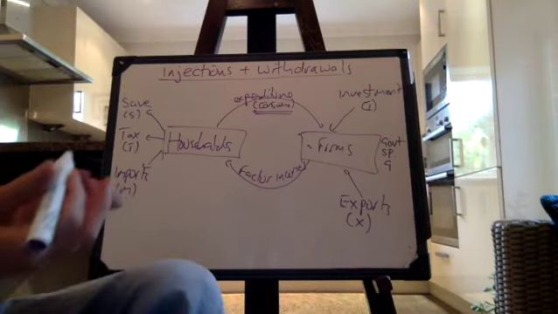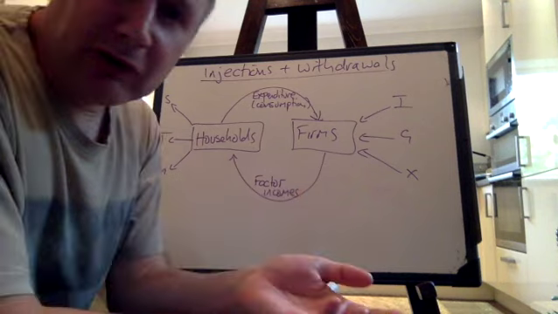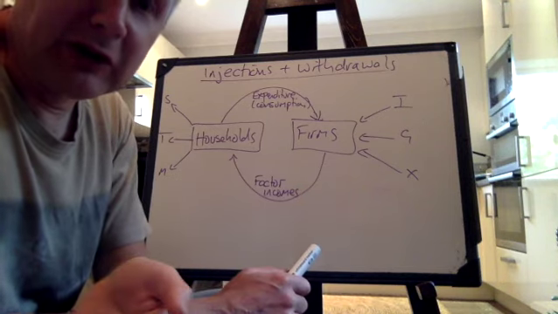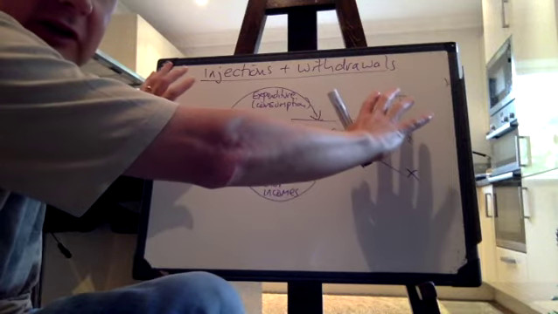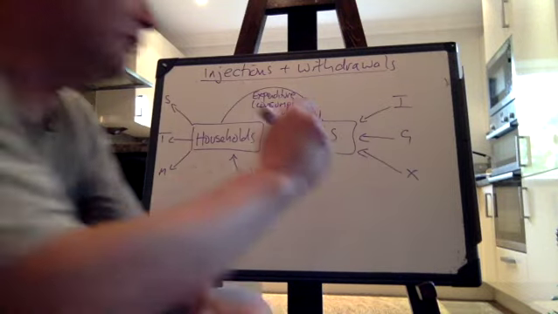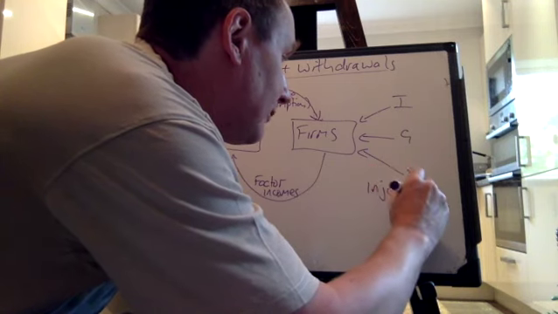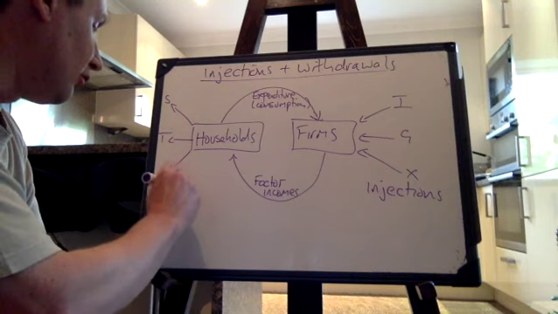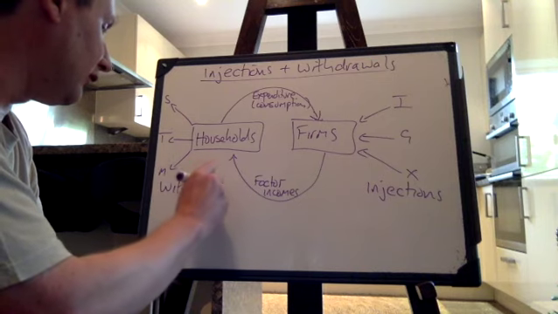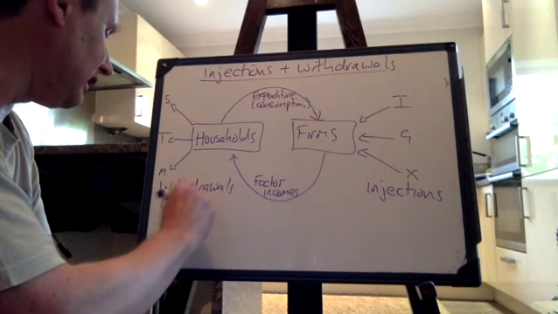So, what difference does this make? The answer is that the model can still be in equilibrium, like the original one was. Before we introduced any of these injections and withdrawals, and these are our injections into the circular flow of income, and these are our withdrawals, or if you prefer, leakages, the model had been in equilibrium.